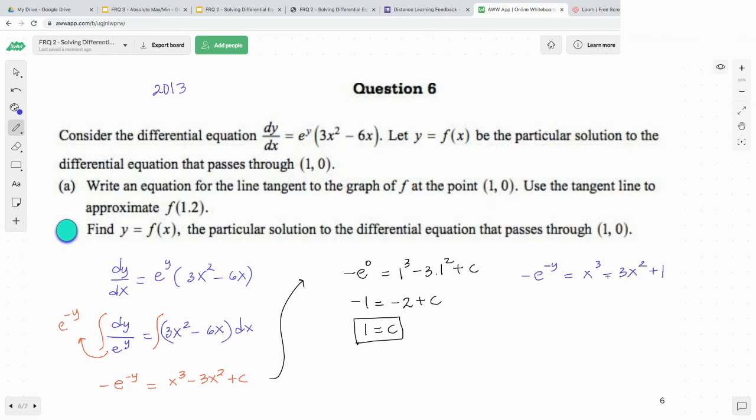And then you can multiply each side by negative. Sorry, e to the negative y is going to be negative x cubed plus 3x squared minus 1. And finally, if you take ln of each side of the equation, then you will get negative y down here, right?